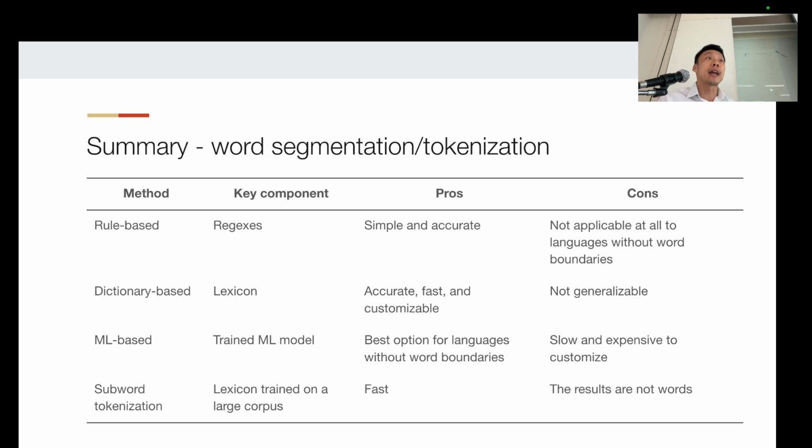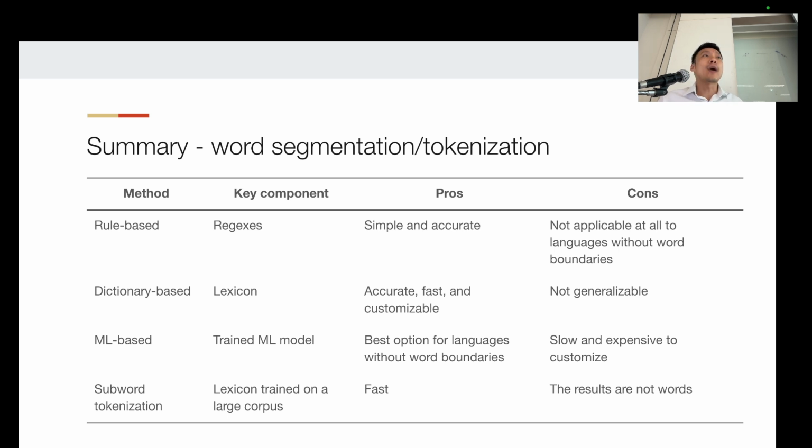And we have ML-based word segmenters for all those languages, including Khmer. Khmer is Khmer in English. But it's slow, and you have to create the training set for it. So we don't do much of that anymore, I think.